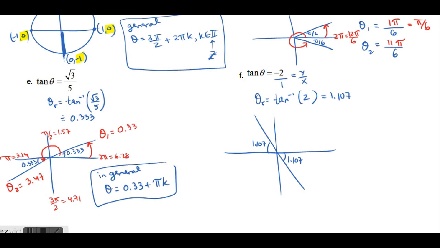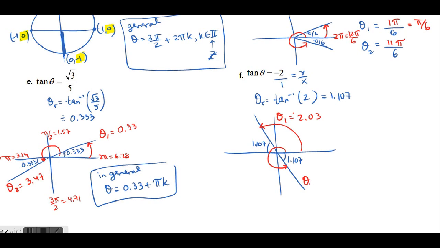And so final answer would be theta 1 would be, we're going pi, which is 3.14, subtract this 1.107. So if you do that, you'll have 2.03 roughly. And then this one, you have a full revolution, or 6.28, less by 1.107.